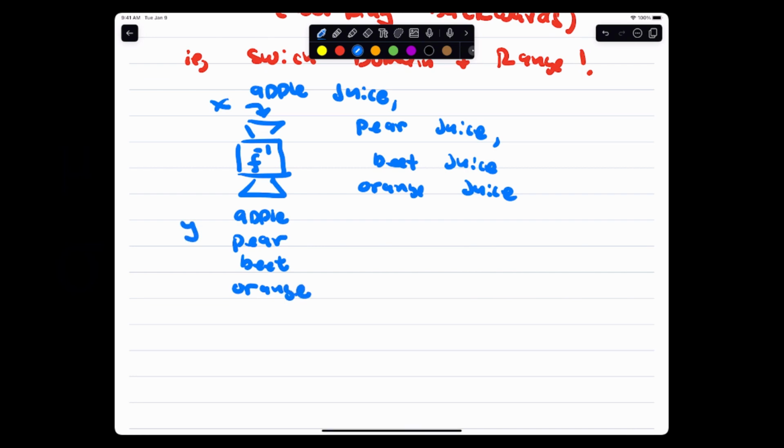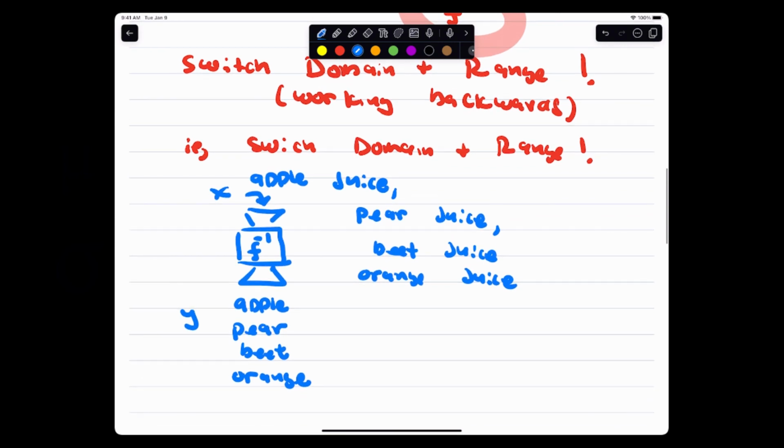This is what I'm getting at. When you switch your domain and range, and you now work backwards, that's what we're talking about. This is called the inverse machine. Working backwards now.